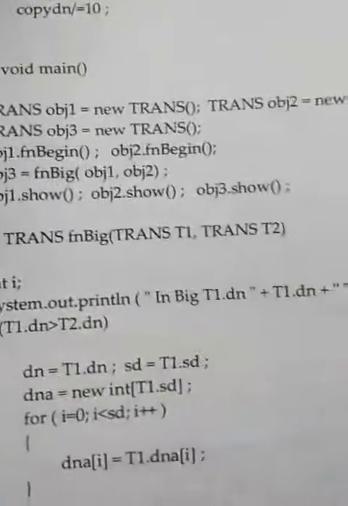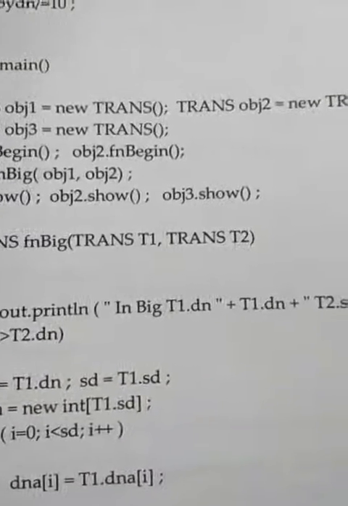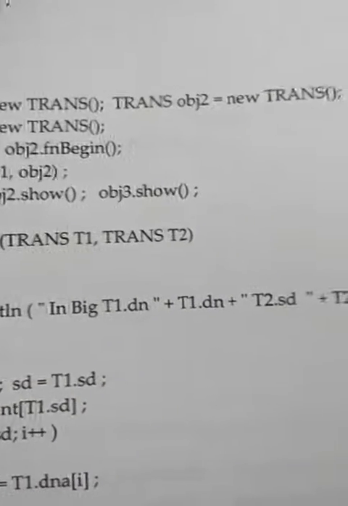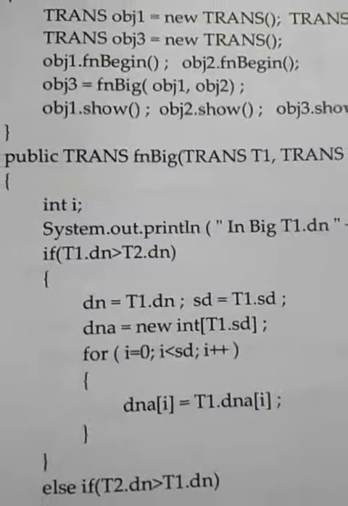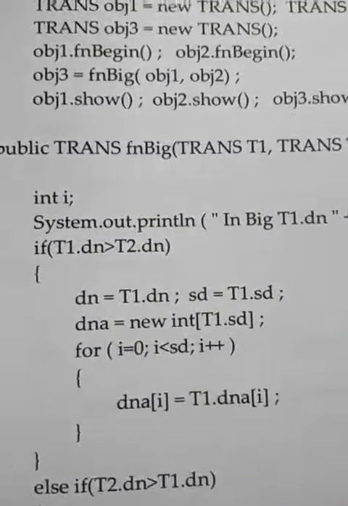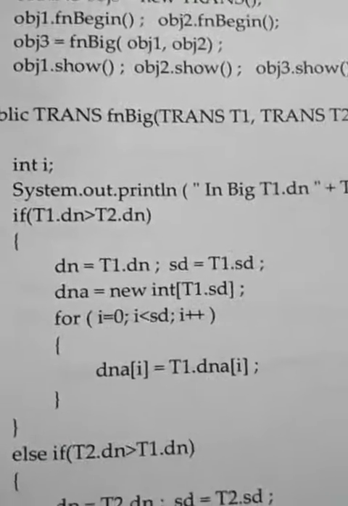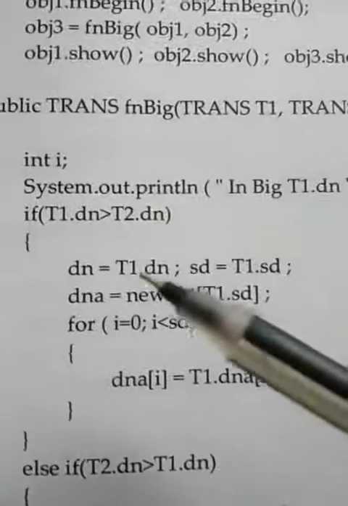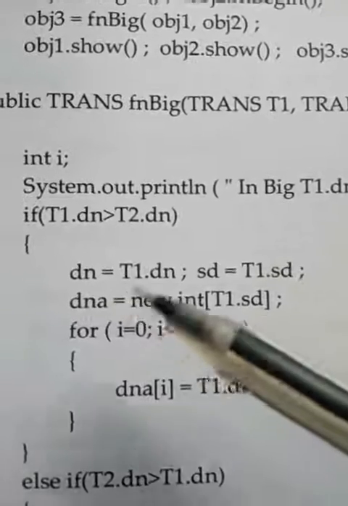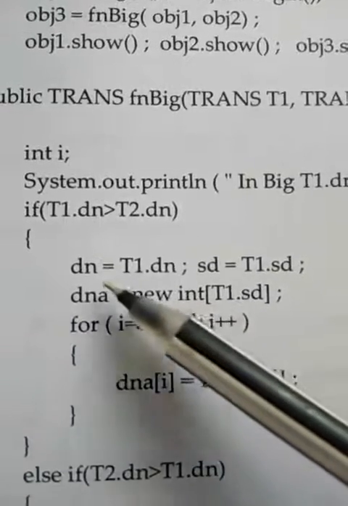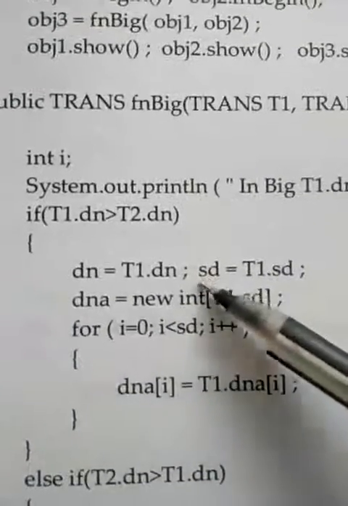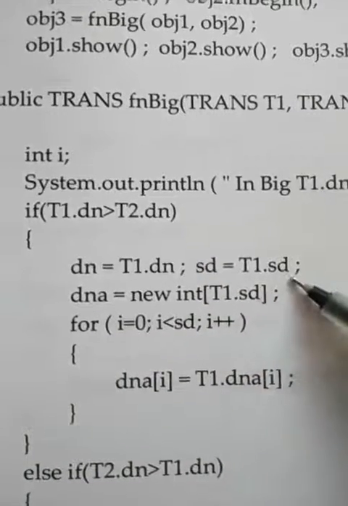Transaction 1 and transaction 2 here: in t1, this is the message that will be displayed on the screen if the t1.dn value is greater than t2.dn. Then we will transfer the value of t1.dn, so t1 of dn we will store in dn and sd will be t1.sd.